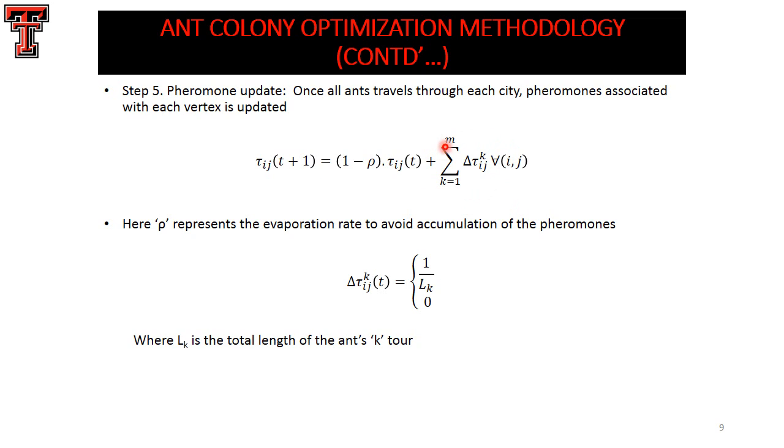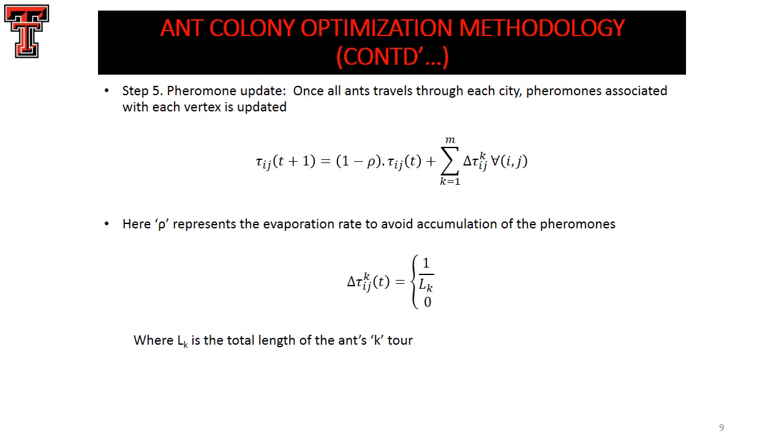If the total length of the path traveled by ant k is very much less compared to the paths traveled by all other ants, then delta tau ijk for the ant k is going to be much higher compared to all other ants. This high value of delta tau ijk is added to the path traveled by the ant k.